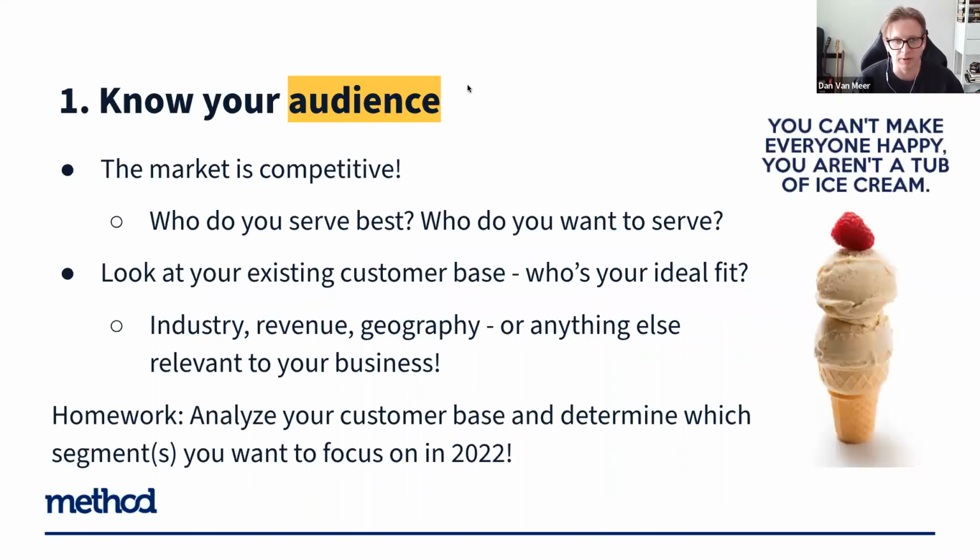So key number one with great marketing is understanding who your audience is. And you look at our attendees today and how big the space you compete in is. It's huge, right? And one of the interesting realities of today's world is that while historically you may have competed against local competition, the fact that so many people transact business online today means that your competitive set is actually a lot bigger than it was 20 years ago.